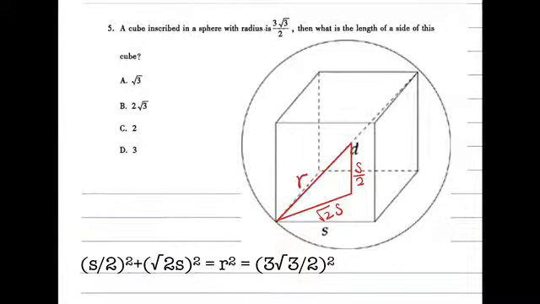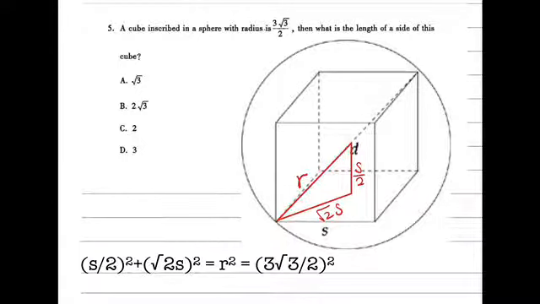The segment between the center of the cube and the vertex should also be the radius, which is 3 square root 3 over 2. Since we are going to find the side of the cube, we assume it is A. So the segment between the center of the cube and the center of the bottom surface is half of the side, which is A over 2.